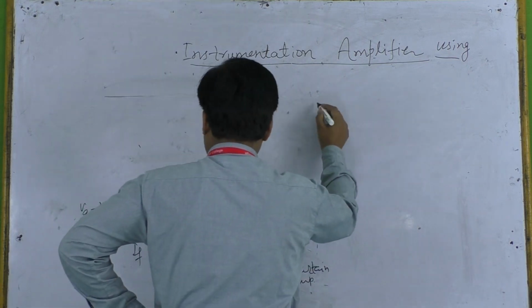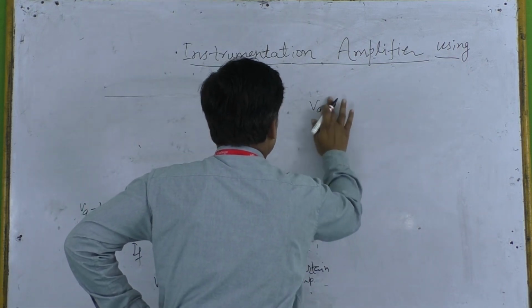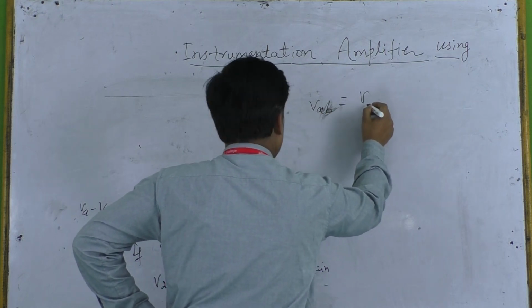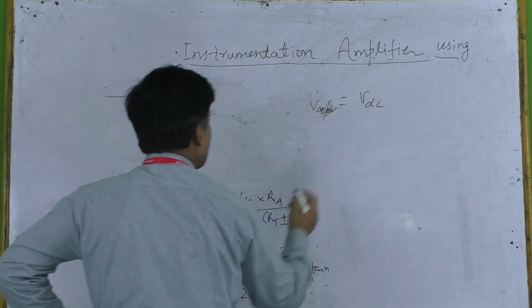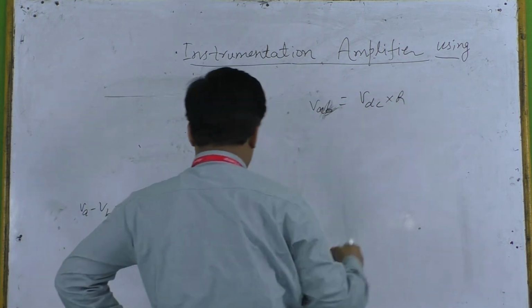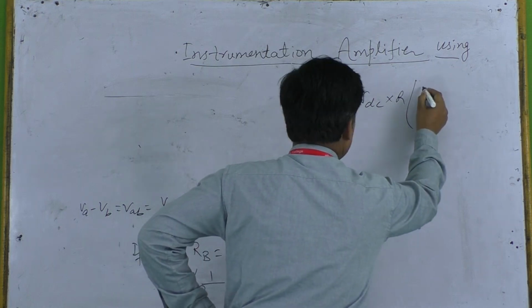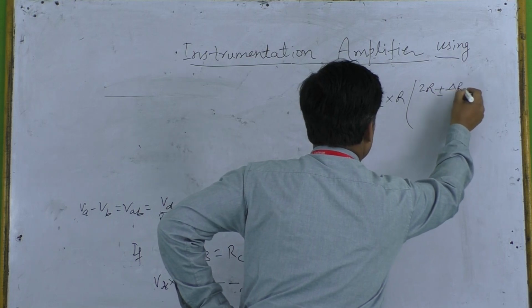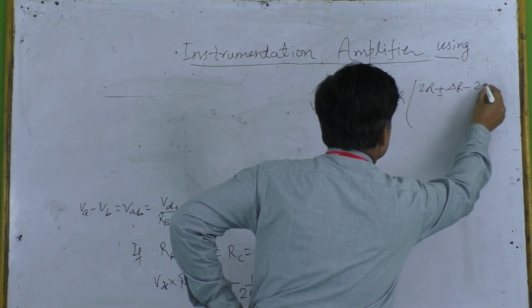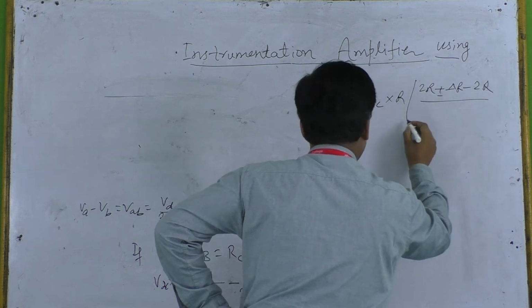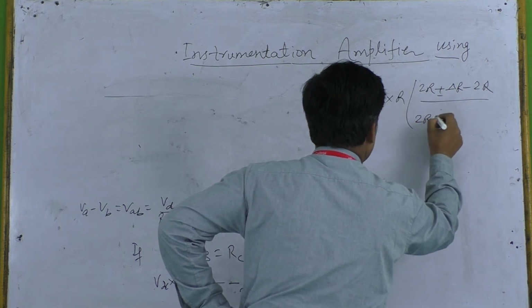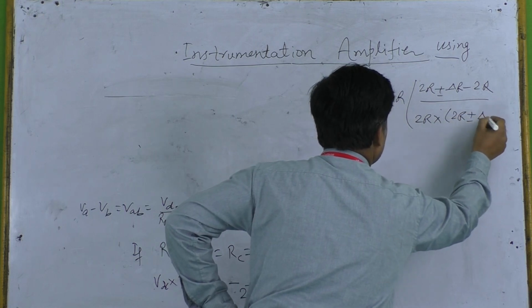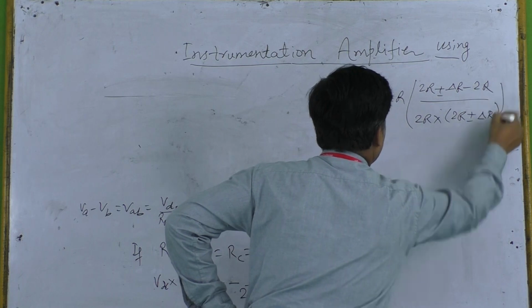As VAB equals VDC into R multiplied by twice R plus minus delta R minus twice R, divided by twice R into twice R plus minus delta R. Fine.